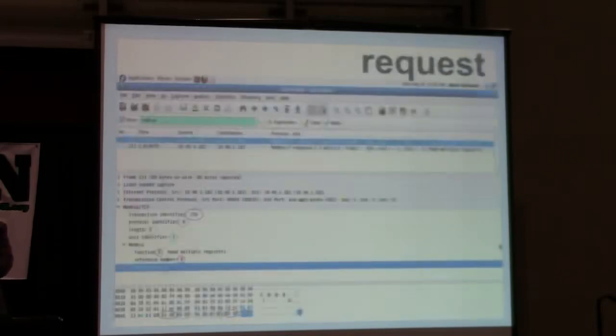What we see if you sniff this packet on Wireshark or any of these sniffers is exactly what you send. You saw in the red a transaction ID that we chose to be 256. We saw protocol identifier 0, length 6, unit number 1, and this is a request to read some registers.